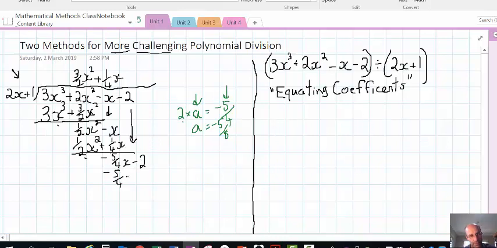That's what we need to multiply to get our matching x values. So negative 5/8 goes up here, and 1 times negative 5/8 is negative 5/8.